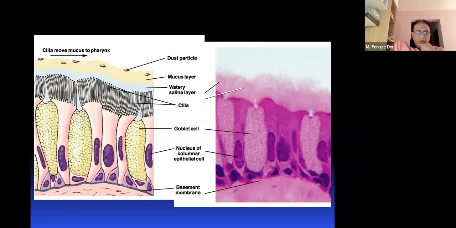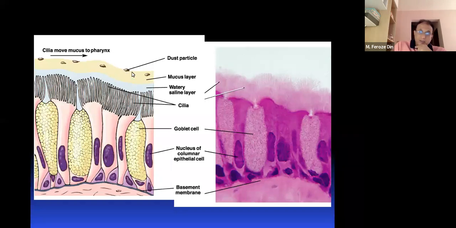This is a cross-sectional view of the histological features of respiratory epithelium. And this respiratory epithelium, as you can see, has these goblet cells. This is a stain and this is a diagram. Goblet cells produce mucus, which is in two layers, a mucoid layer on top and a watery saline layer.